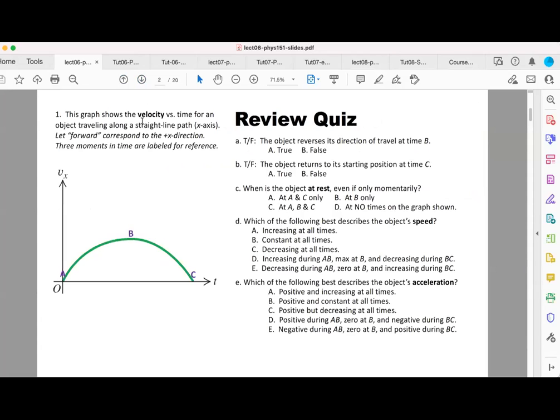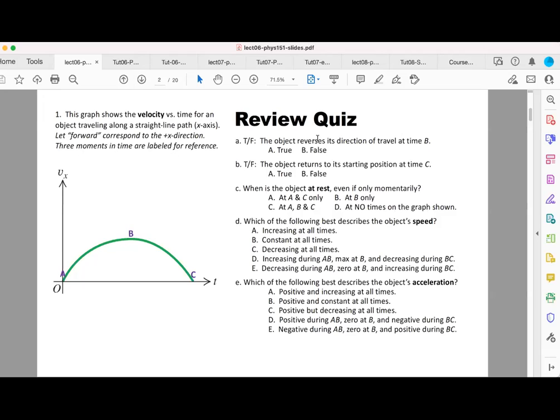So for example, just a review quiz: the graph below shows the velocity versus time for an object traveling along a straight line path in the x-axis. Let forward correspond to the plus x direction.